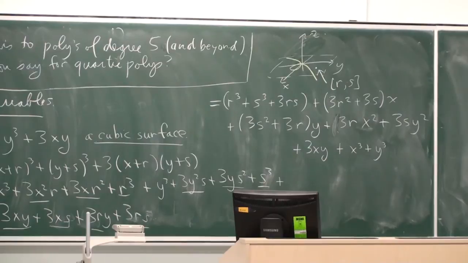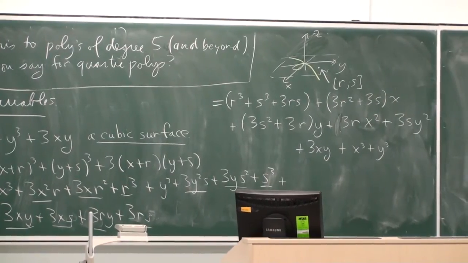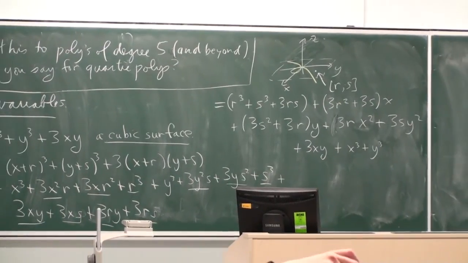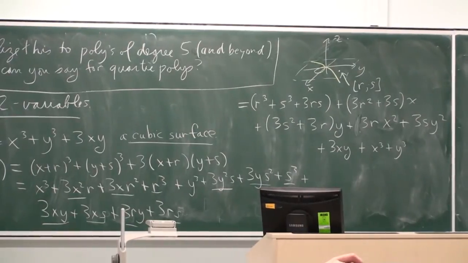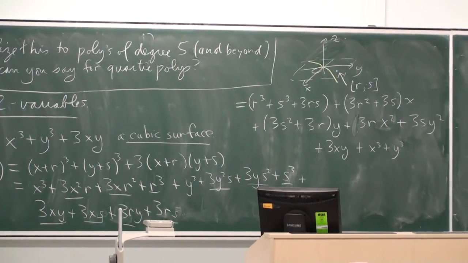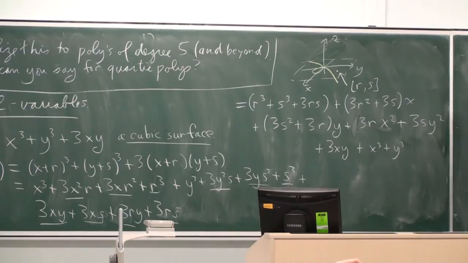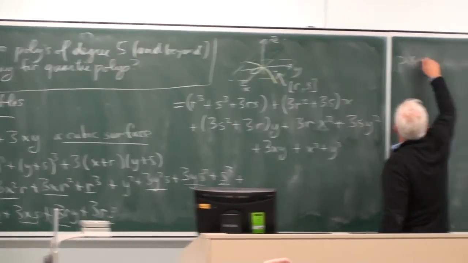So what was it that we did then? Well, we replaced the x with x minus r to get the original polynomial back. So we'll do the same thing here.